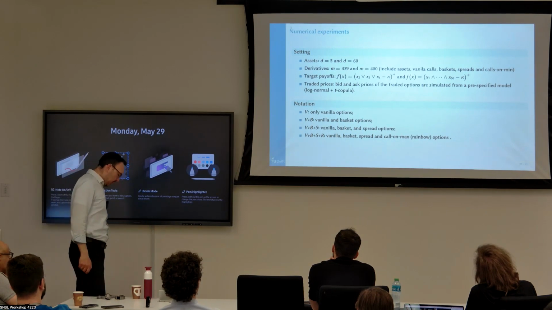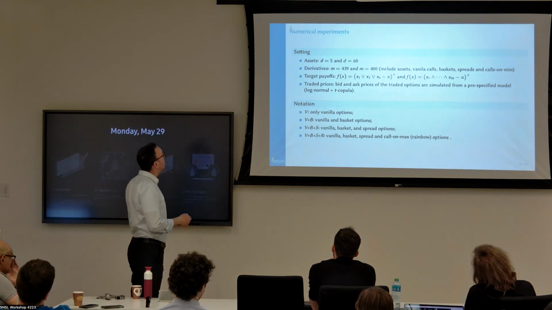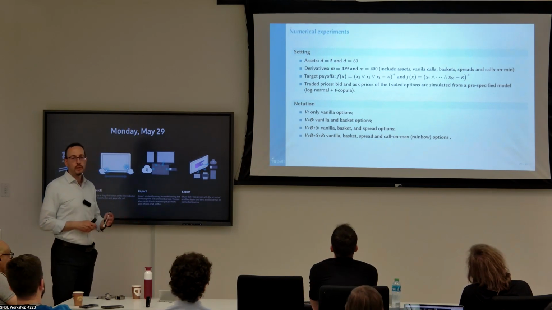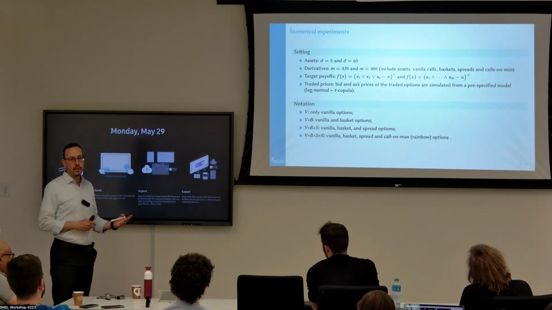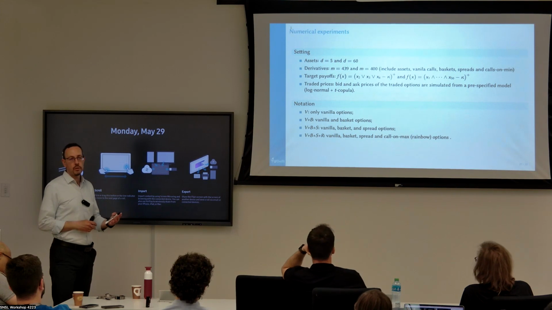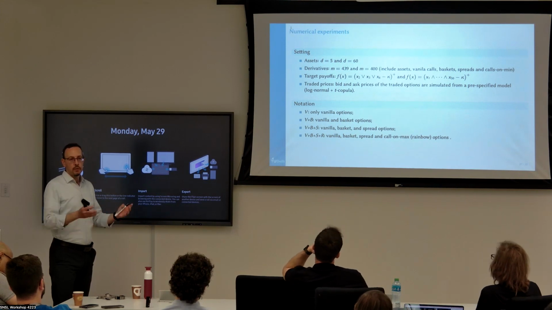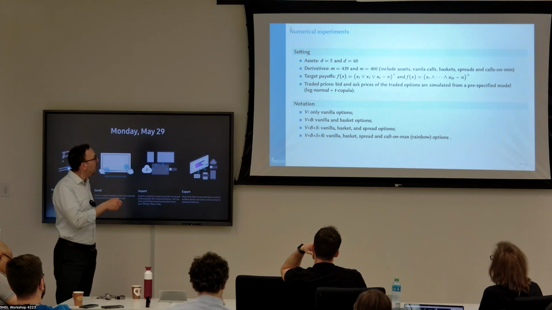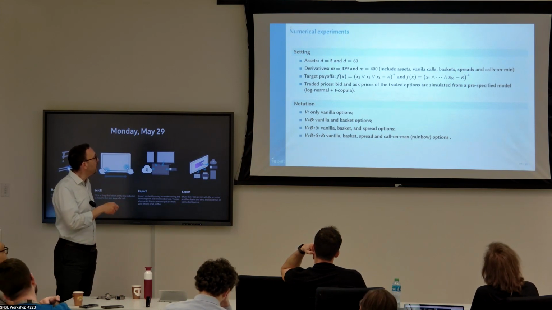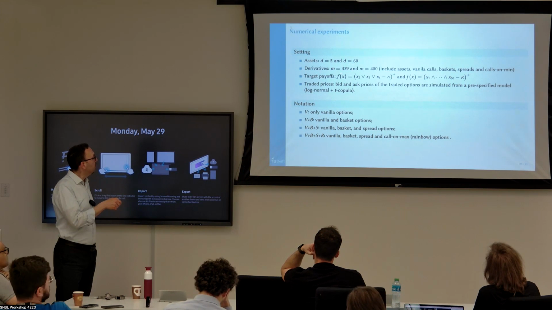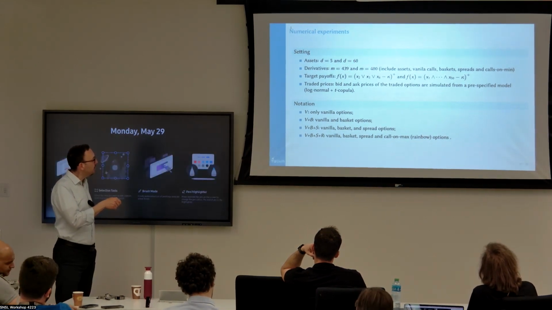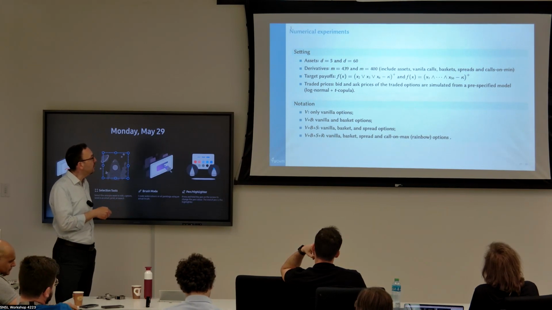Good. So now let's go to some numerical experiments. The numerical experiments are of the same nature as before: you construct artificial data initially by assuming some model. In this case, we work in 5 dimensions and also in 60 dimensions. In the first case you have 439 traded derivatives, in the second case you have 400 derivatives.